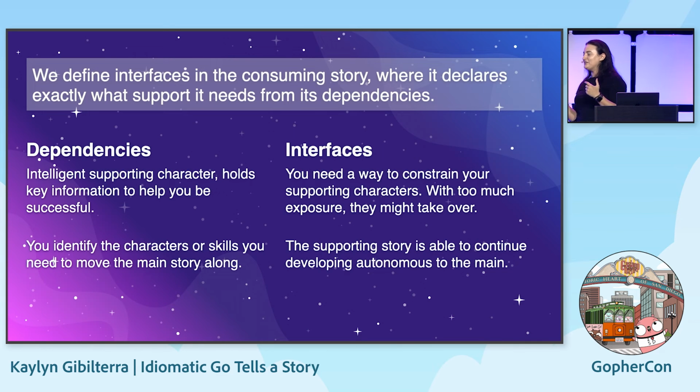But if you look at it from a story perspective, it also makes sure that your character doesn't come over from the supporting story and run the show. You don't want them to be driving your main package. You want them to be supporting your main package. And that's a really strong pattern that Go helped me understand why this is beneficial, and I have absolutely used this in my day-to-day code where my dependency might be a database, and absolutely I've switched from one database type to another.